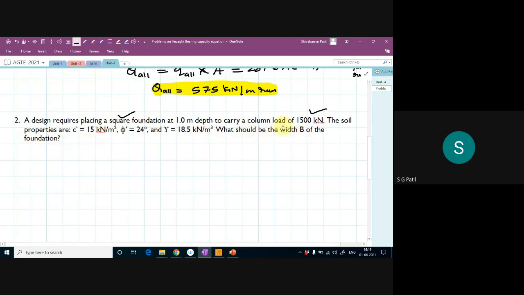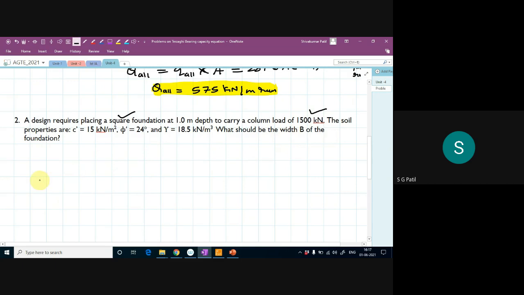They gave all the soil parameters, the type of foundation, the depth, and the load on the column. So you need to give the dimensions that can be placed in the field for this much load.